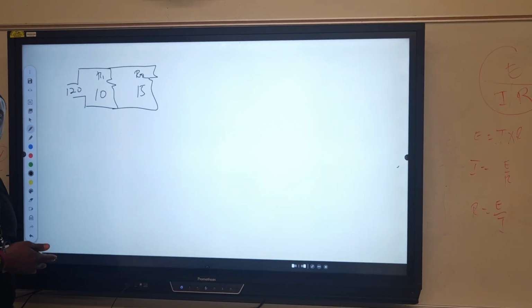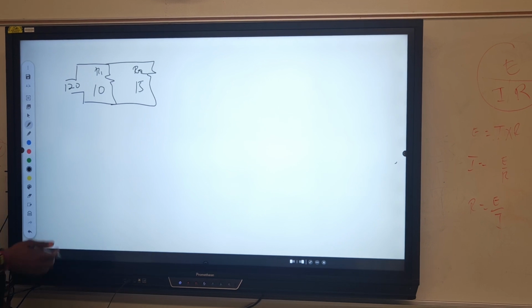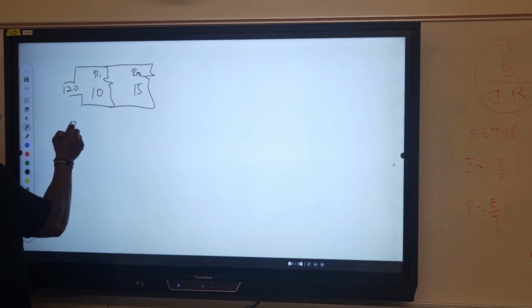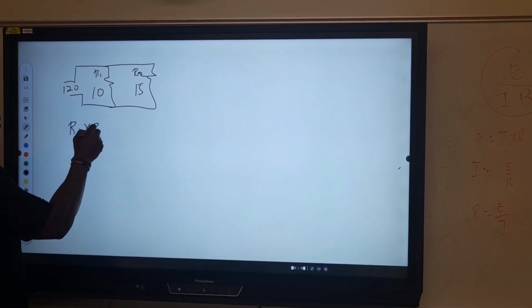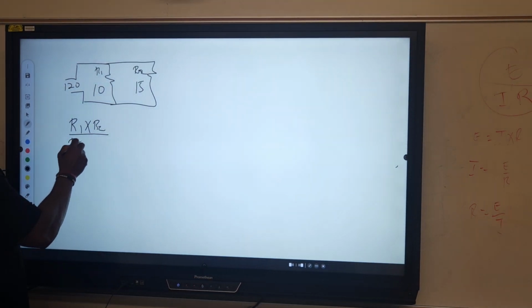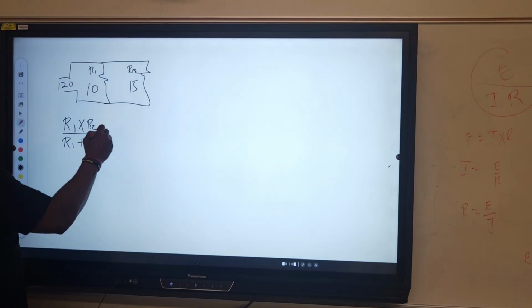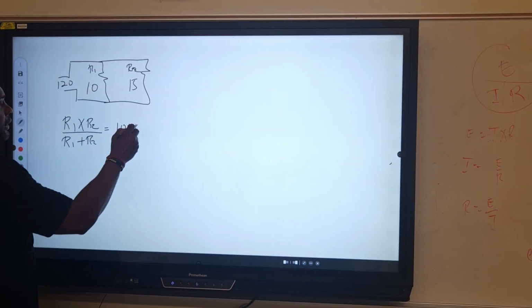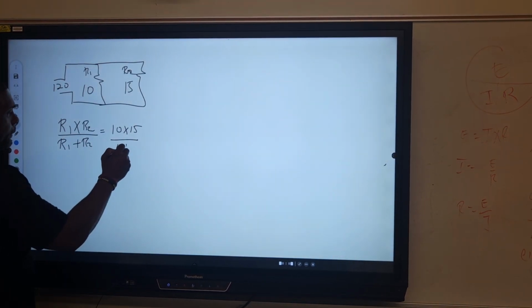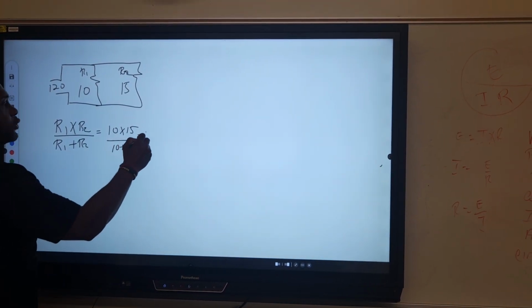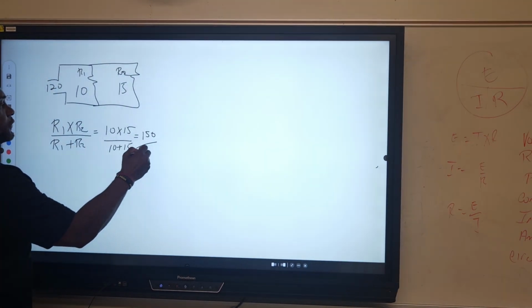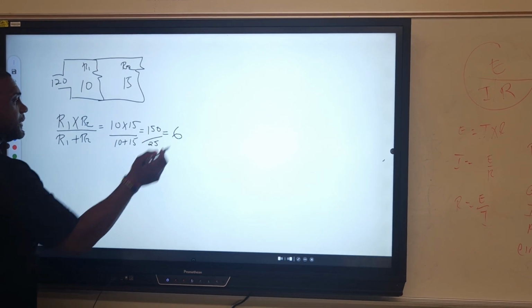How many loads do we have in the circuit? We have 2 loads. So we're going to go R1 times R2 over R1 plus R2, and that's equal to 10 multiplied by 15 over 10 plus 15, which is equal to 150 over 25, and that's equal to 6.